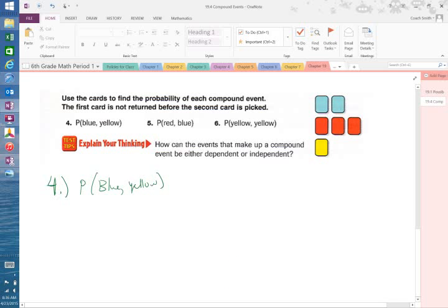That is equal to the probability of blue times the probability of yellow if the first card is not returned.